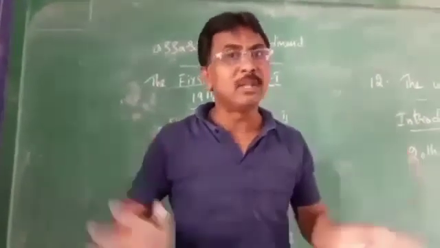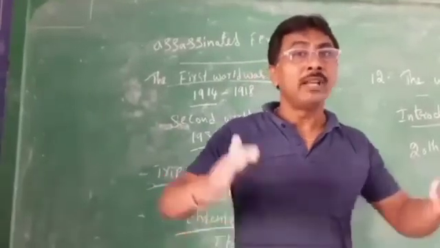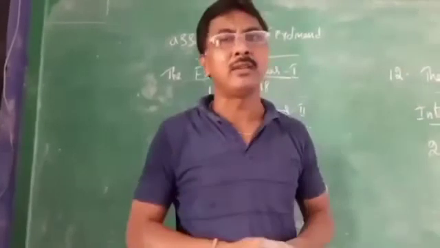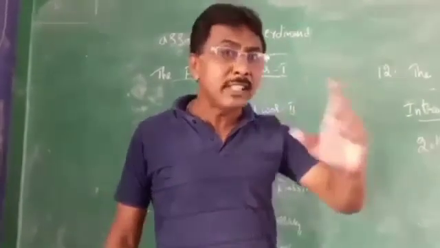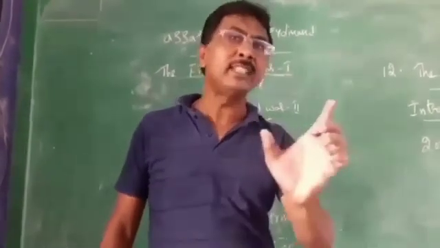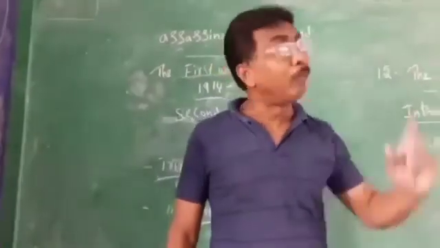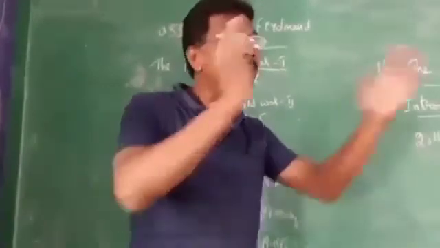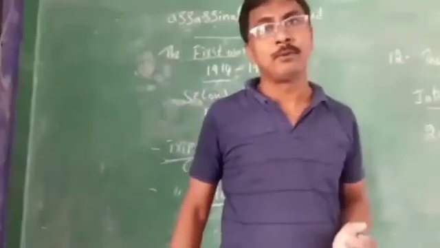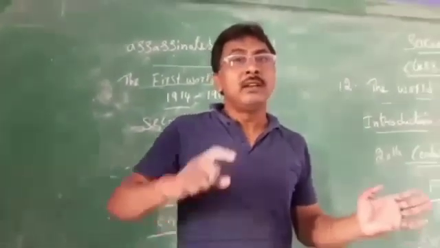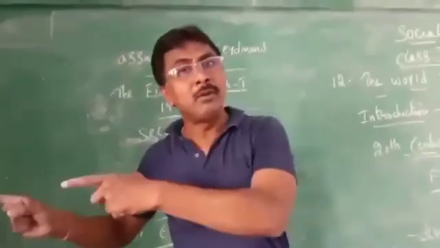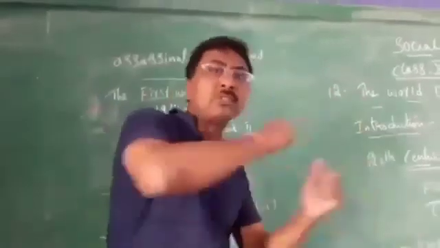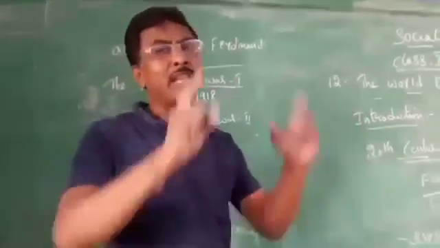Once again, simply I tell you, why was the first world war happening? In one line: the assassination of Ferdinand and Sophia by the Serbian people. The Austrian people asked Serbia for an explanation, why you killed our king and queen.